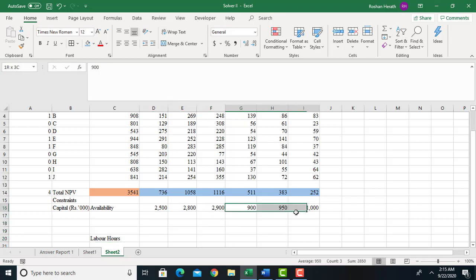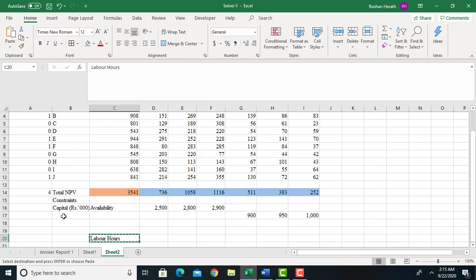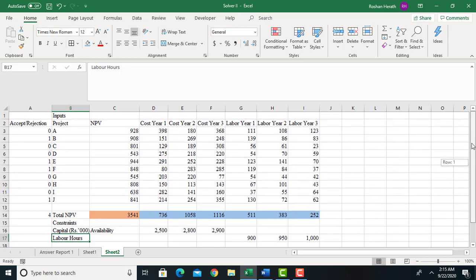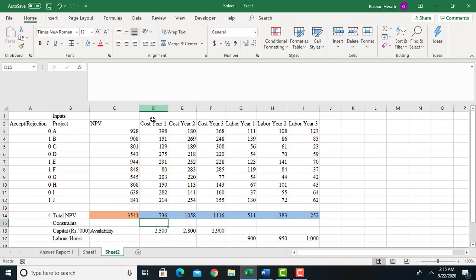Since you want the labor to appear, I might put it in the next row. Now it is perfect. Now you can identify that the usage always has to be lower than or equal to the availability of capital.